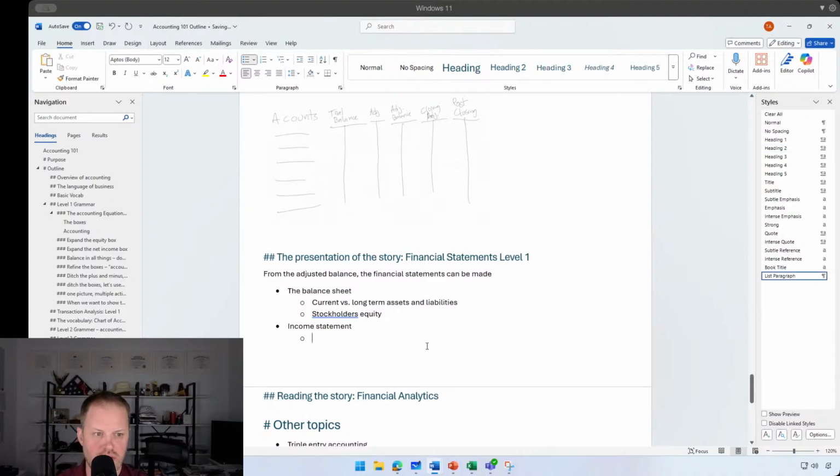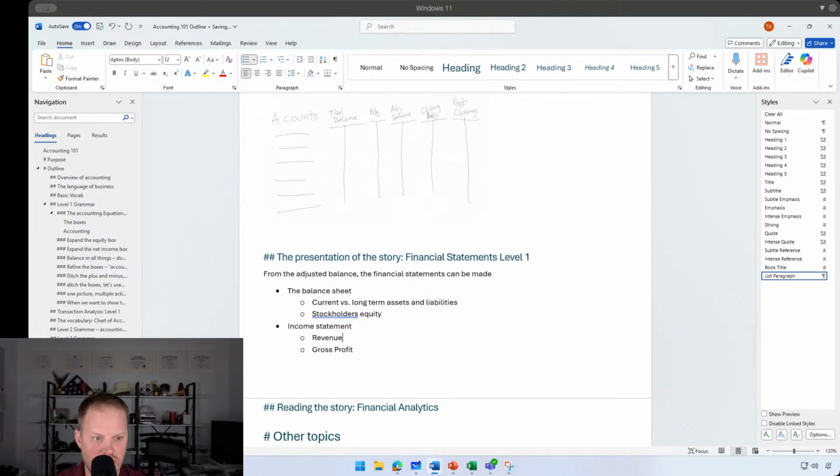So here, the income statement, we'll do gross profit. I'm just trying to think at this level, how in depth should we go?